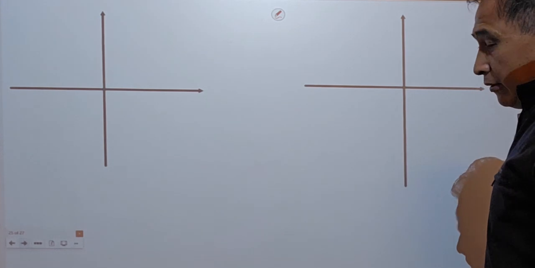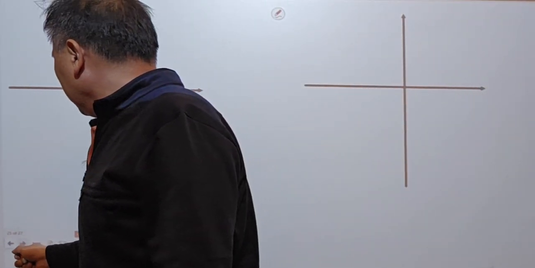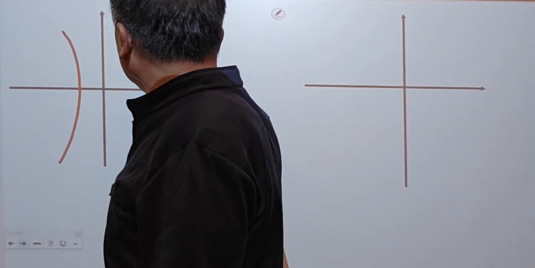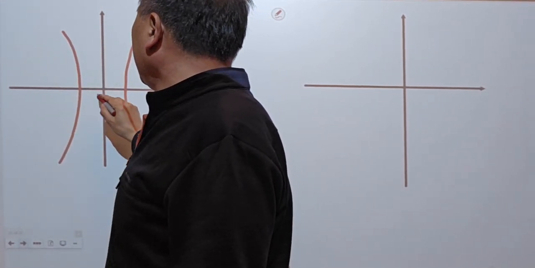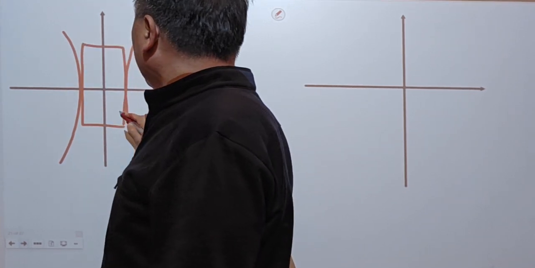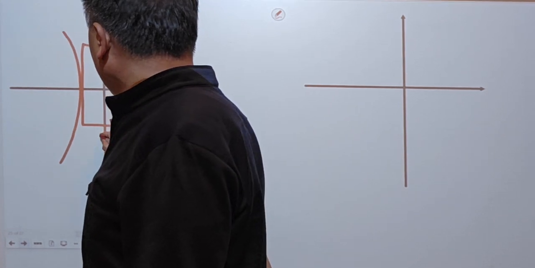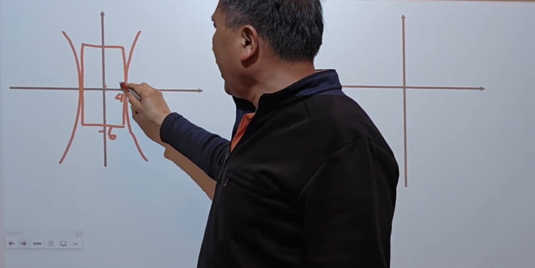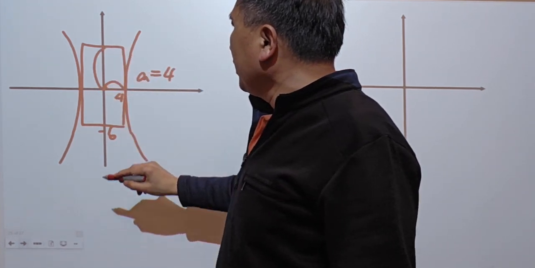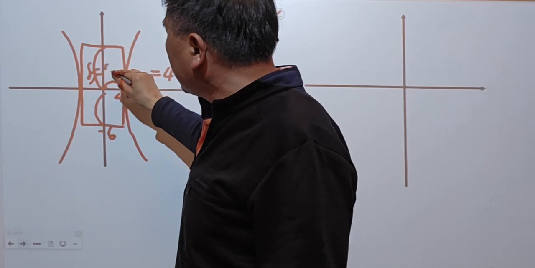Okay, and then let's say there's a graph like this, and let's say that's a rectangle right here, and let's say this is 4, and this is maybe -6. Then this is a equals 4, and this is b, which is 6 in this case.